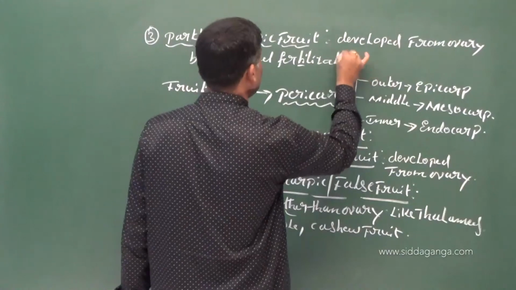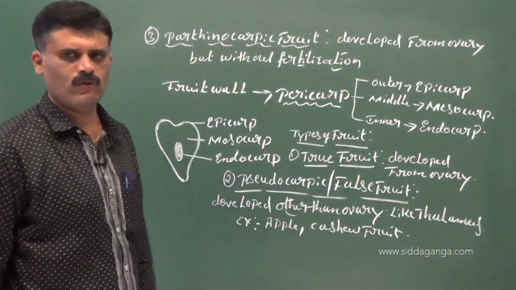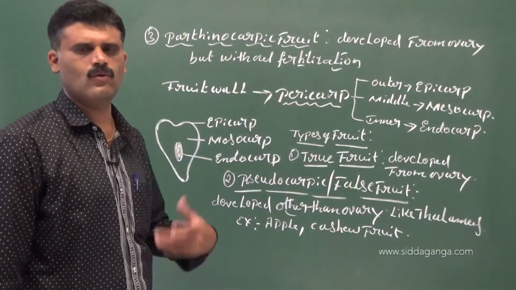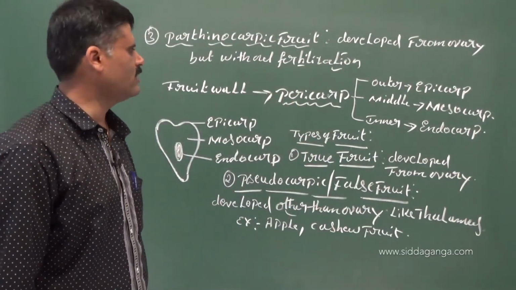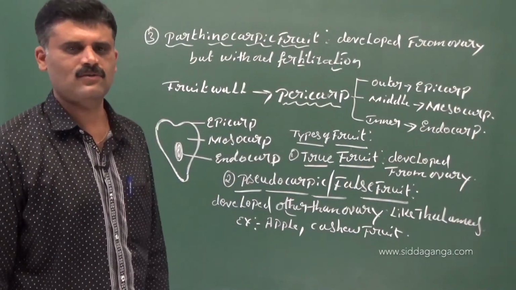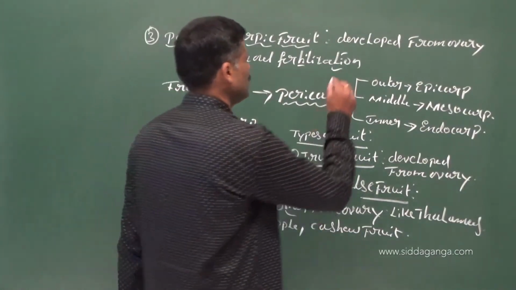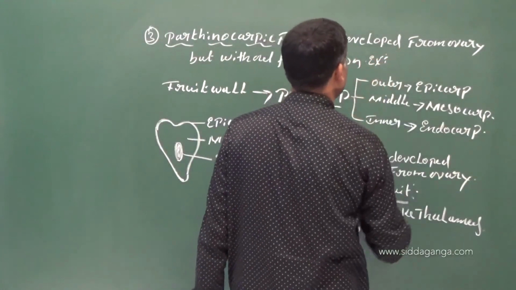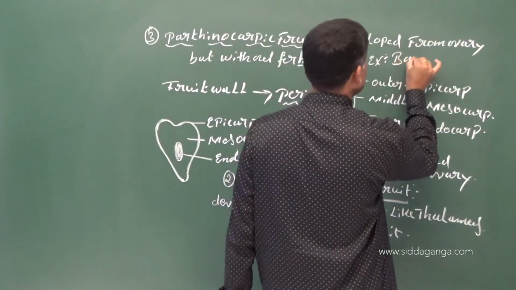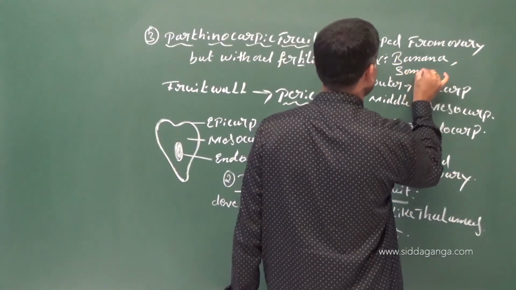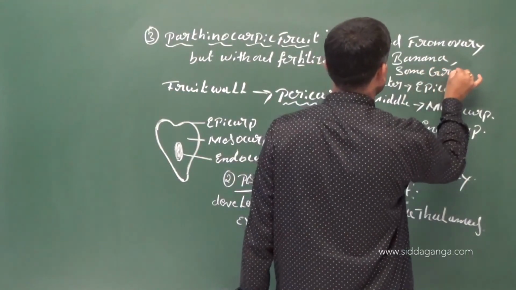If the fruit develops from the ovary without fertilization, here the ovary or ovules do not undergo fertilization, so seed formation is absent, only fruit formation occurs. Example, a natural parthenocarpic fruit is banana and some grapes.